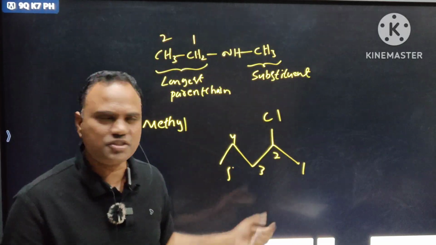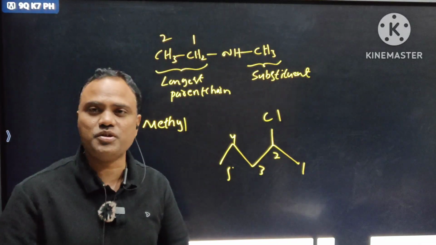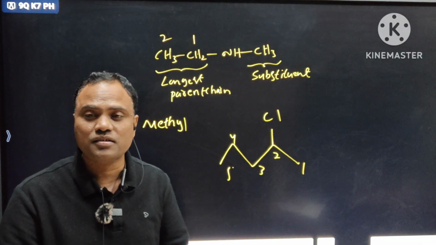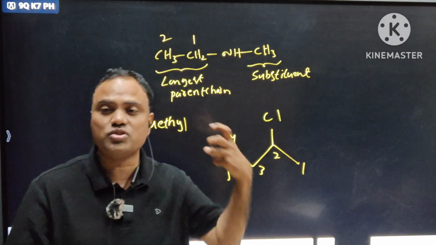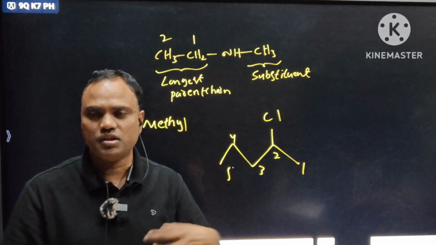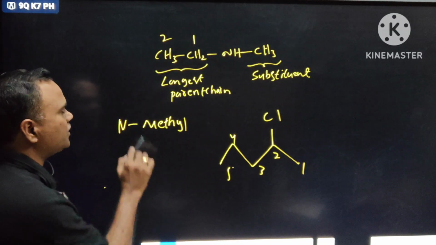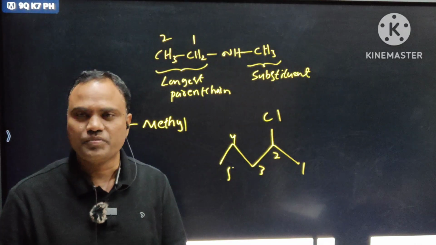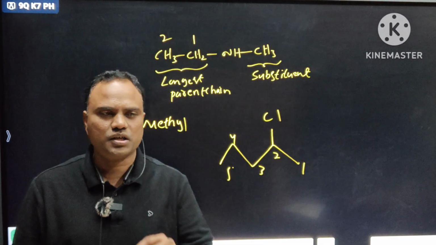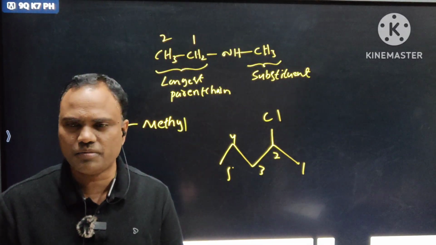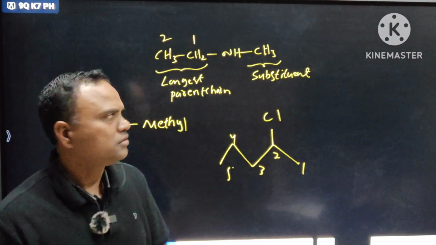Chlorine is a substituent at second position. This is methyl, a substituent, but it is attached to nitrogen. It is present on the nitrogen atom. So N-methyl. Very, very important: while giving the name of a secondary or tertiary amine, the name starts like this: N-methyl, N-ethyl.